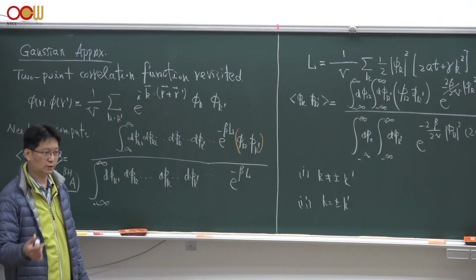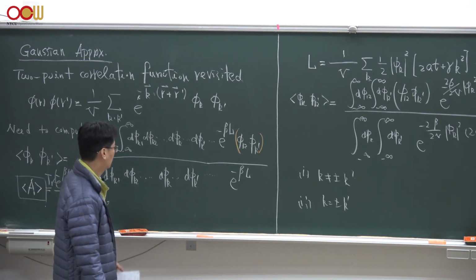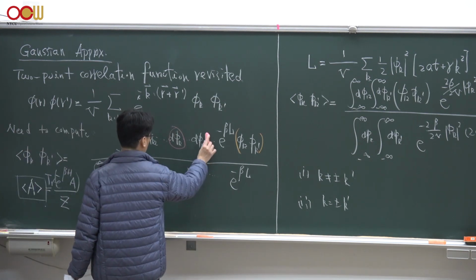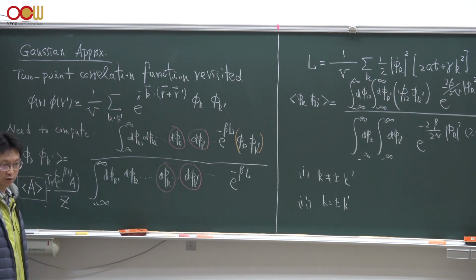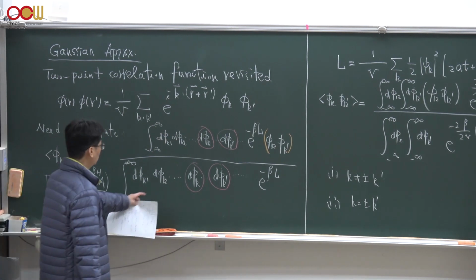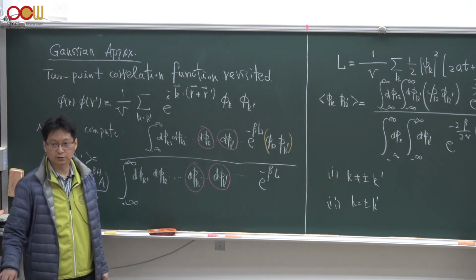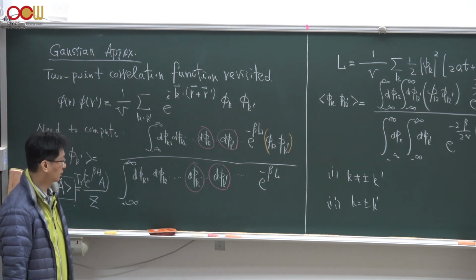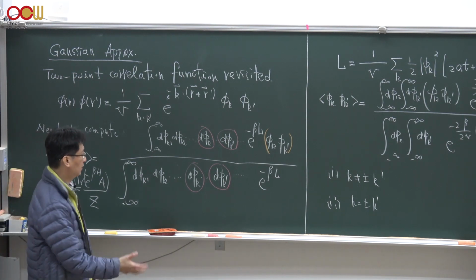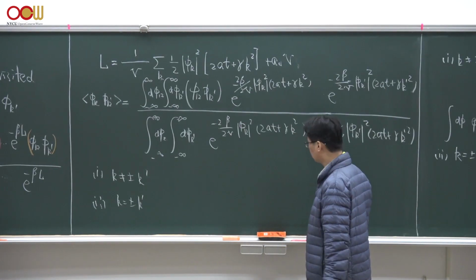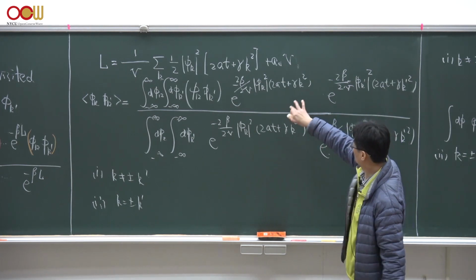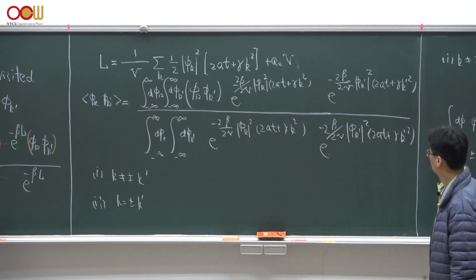But only two of these momentum indices are involved, phi_k and phi_k'. All the other momentum integrations are decoupled from these two. So we could simply forget about all the other degrees of freedom by keeping only d phi_k and d phi_k' in this integral. The resulting integration is given by this line here.